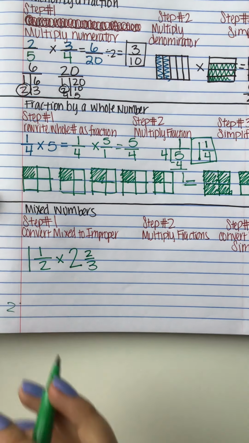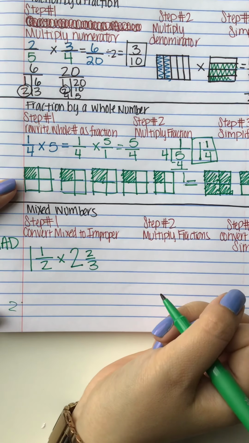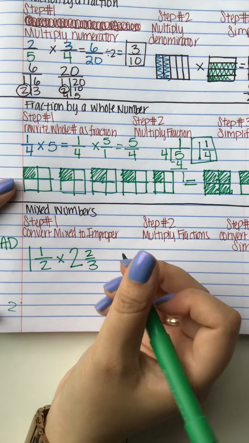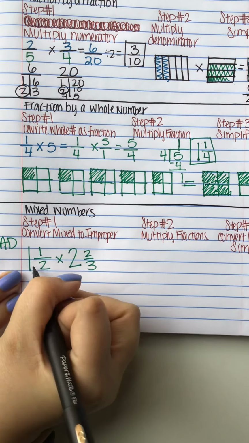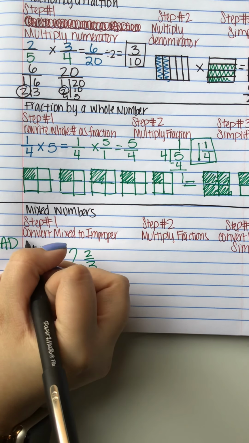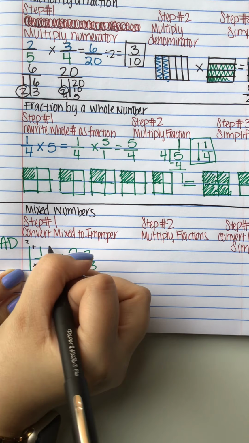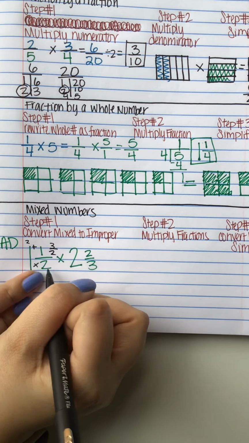Now I have to remember to make these into improper fractions. That means I am going to start off by multiplying. 2 times 1 gives me 2. Then I'm going to add. 2 plus 1 gives me 3, and I keep my denominator the same.